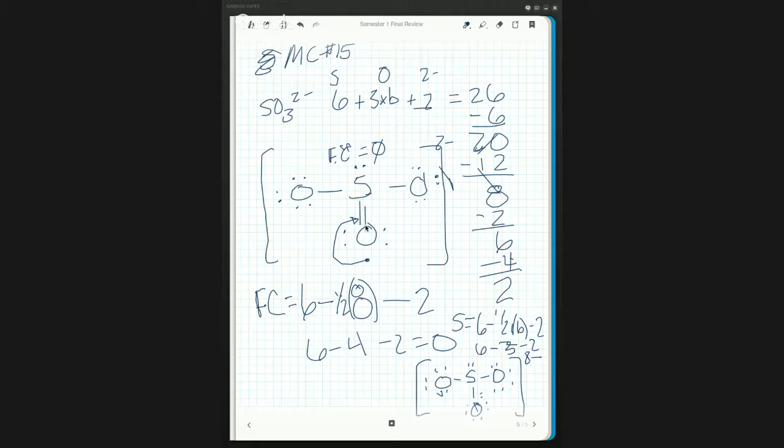The hybridization of that S atom: there are 3 atoms bonded on there. So looking at it, I don't usually do it with lone pairs, but you're looking at an sp2. I probably wouldn't give you one with lone pairs; I'd probably just give you one with atoms. So in any case, that's the answer to multiple choice 15.